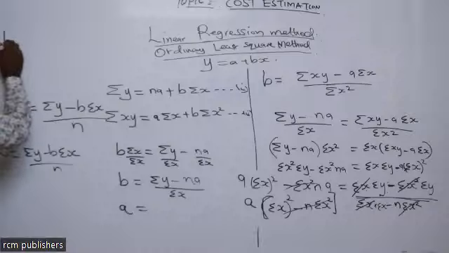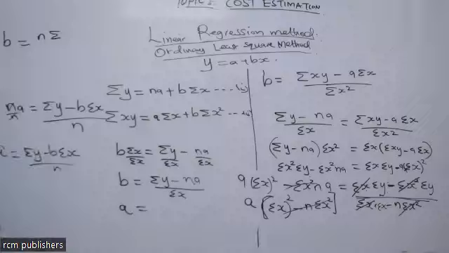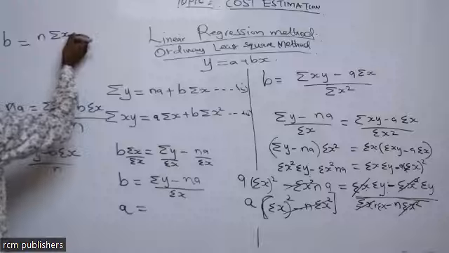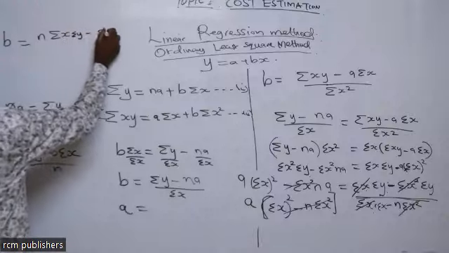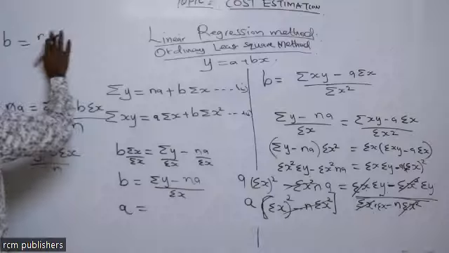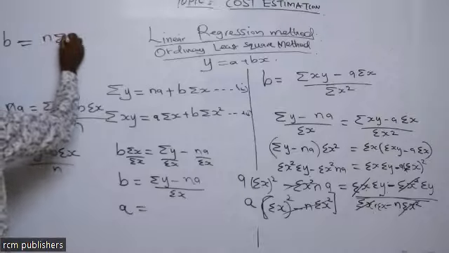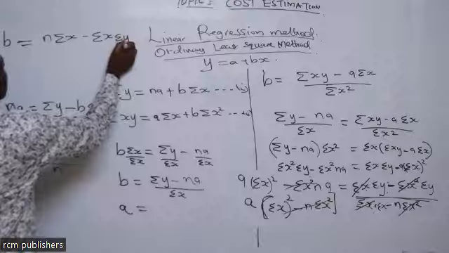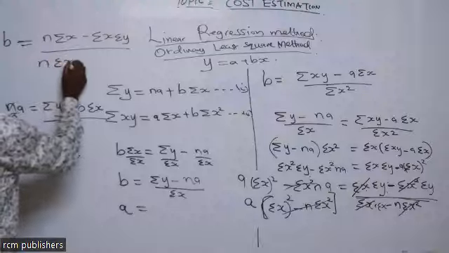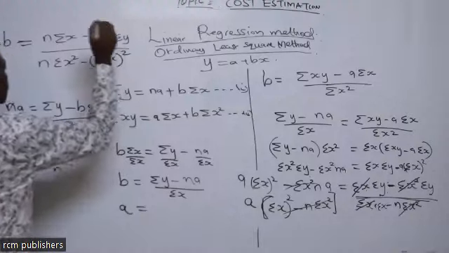Then how do we calculate B now? B is equal to N summation of XY minus summation of X summation of Y, over N summation of X squared minus summation of X, close the bracket, and square.